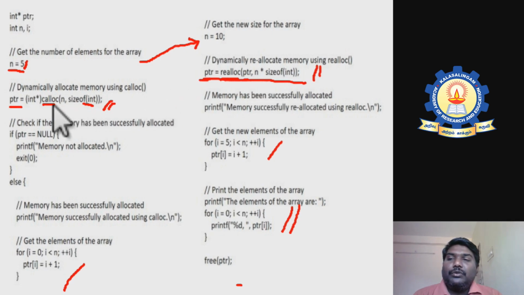Even if you are using malloc or calloc, after using realloc the size will be similar to a malloc statement. You can use both calloc as well as malloc, that is not a problem. But whenever you are using realloc, the rest of the size will be similar to the size of a malloc statement. So that is about dynamic memory allocation in C.